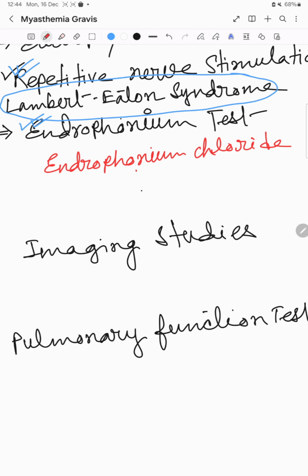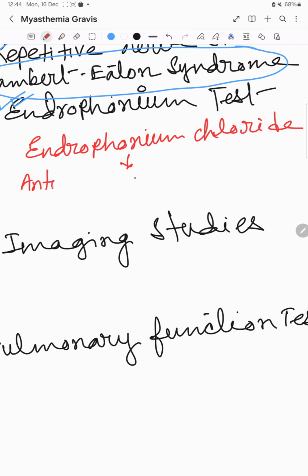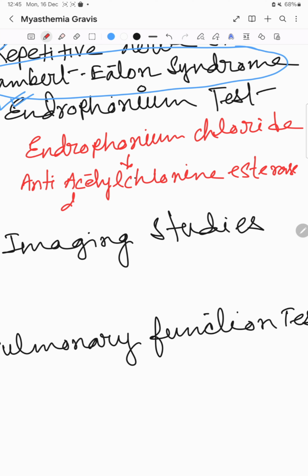Basically, edrophonium chloride is an anti-acetylcholinesterase drug. You remember what is the function of acetylcholinesterase?